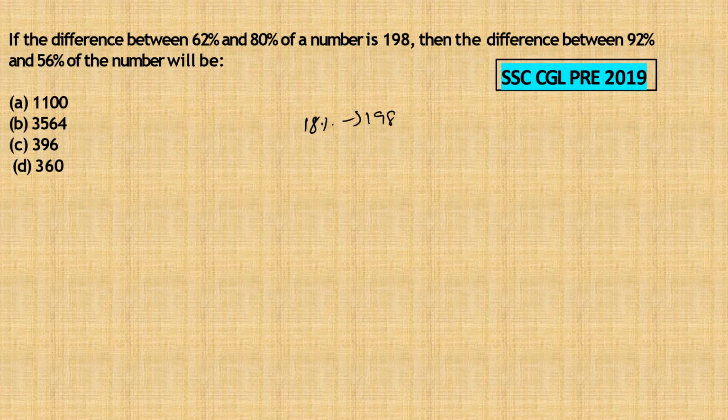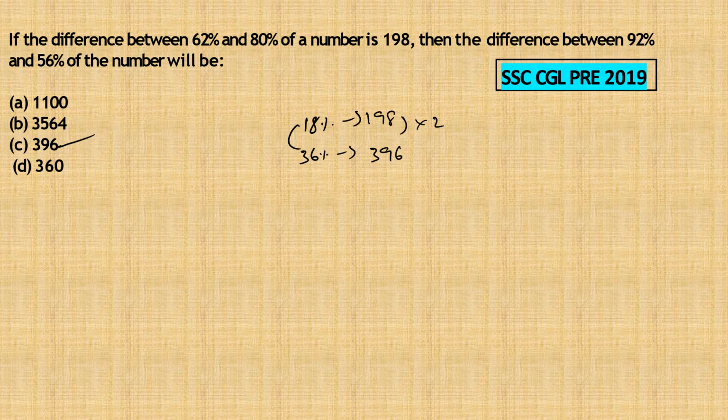We need to find the 36%. Just double it. 18 2s are 36. 198 into 2s are 400 minus 4, that is 396 is the answer.